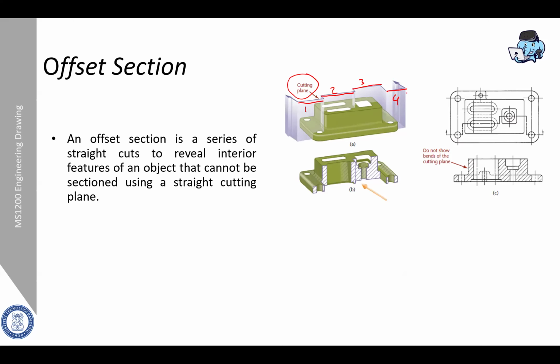If we draw it from the upper view, the cutting line is like this. That's why we call it an offset section, because the cutting plane or the cutting line is not a straight line.